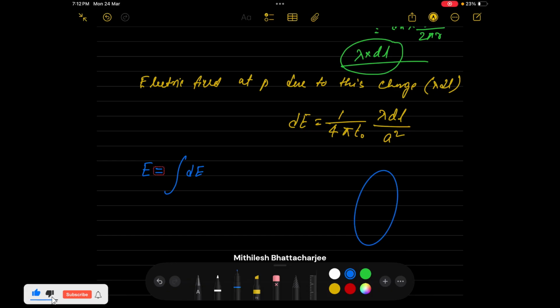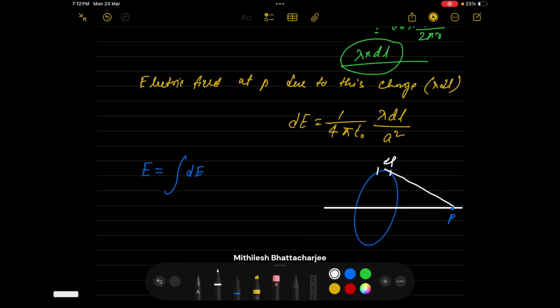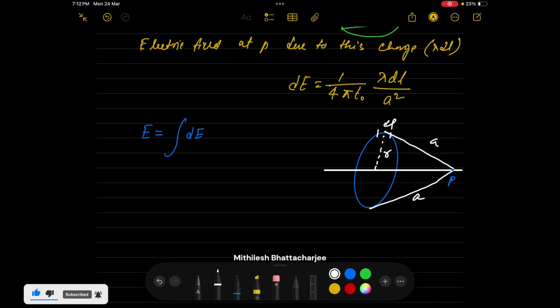See, this is the ring, this is the axis, and at this point we have to find the electric field. This is the dl portion, the distance from dl is a, and this is r, the radius. The limit of the integration will be 0 to its perimeter, 2 pi r.